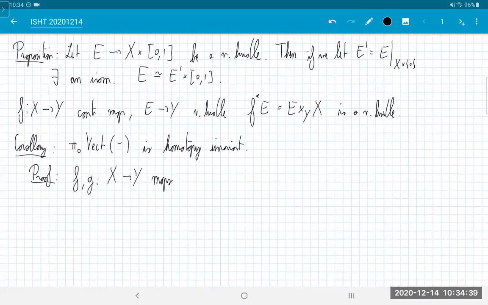This doesn't change the fibers, so the C-linear structure on the fiber is going to be the same. You can see it as an exercise, but it's really easy. The preimage of every trivialization in Y is a trivialization on X.